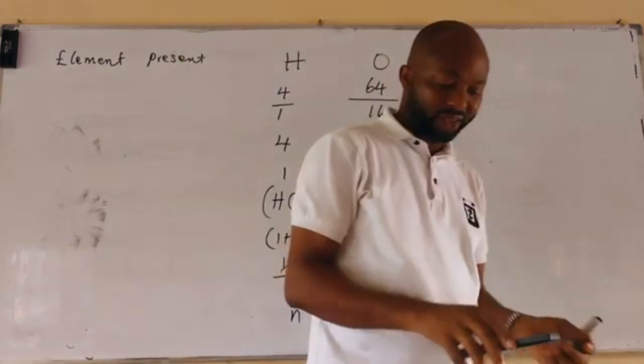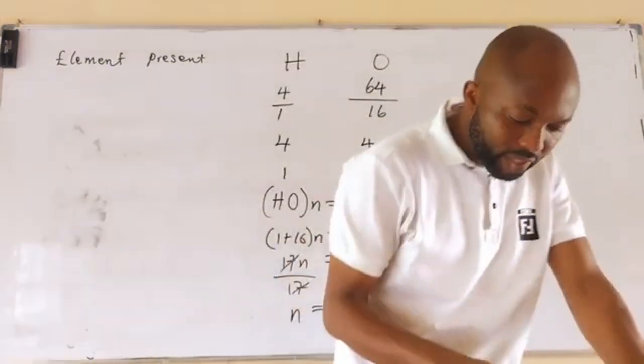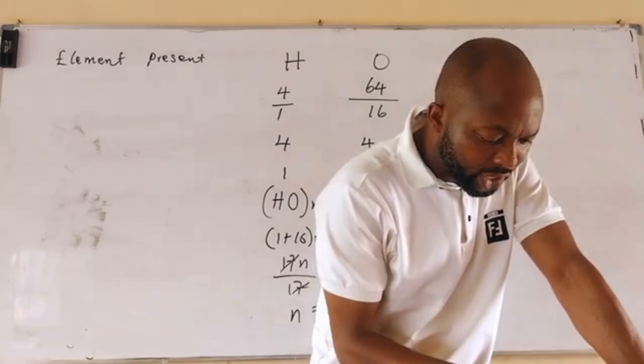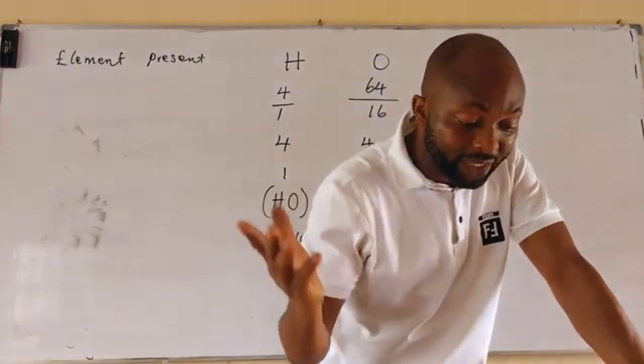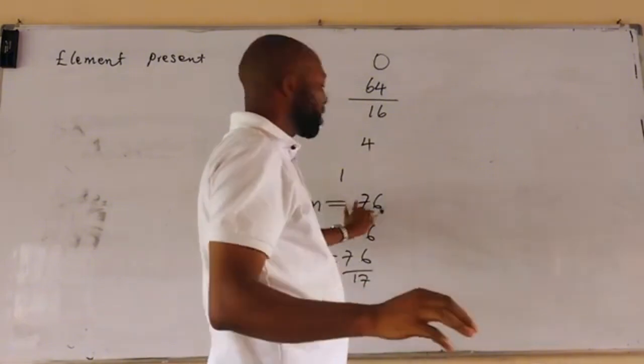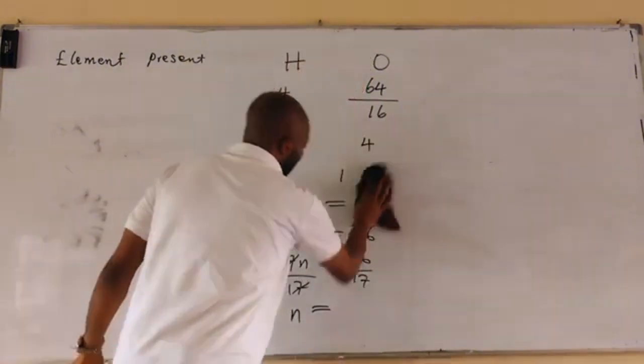Let me read it again. A compound contains 4 grams of hydrogen, 64 of oxygen. If its relative molecular mass is 34. Sorry, relative molecular mass is 34. That's a mistake there.